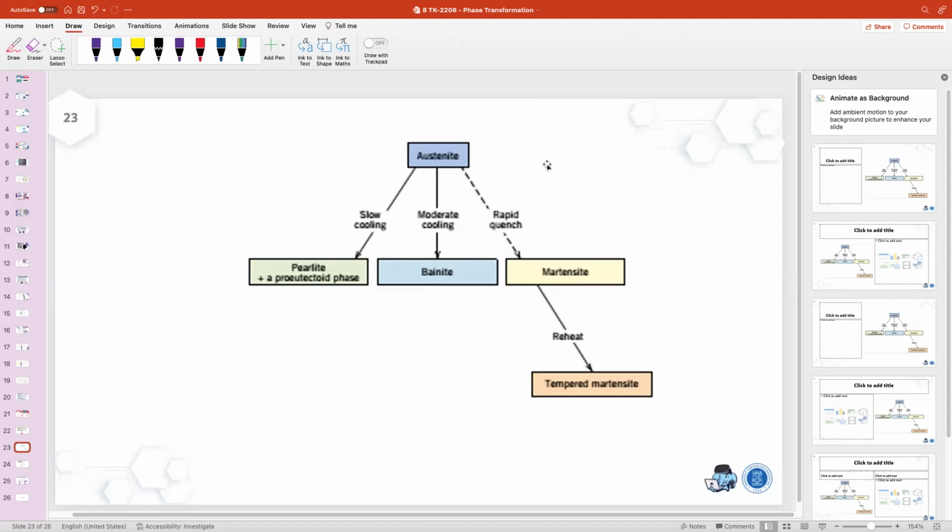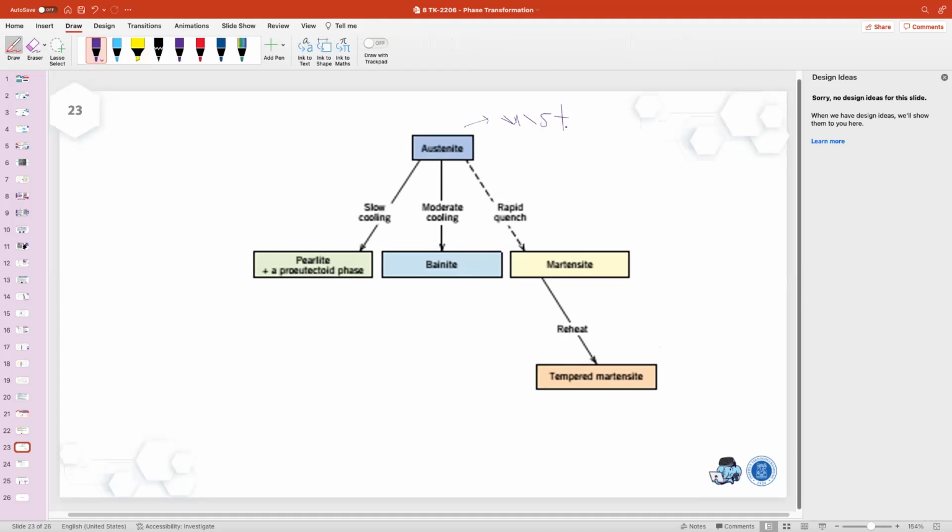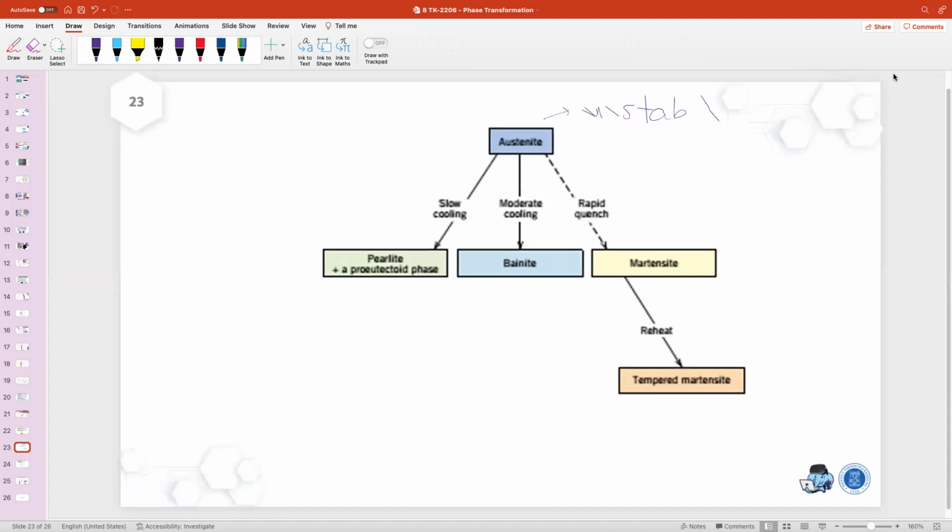So we know all of them, all the microstructure. The first one we know is austenite, which is unstable.